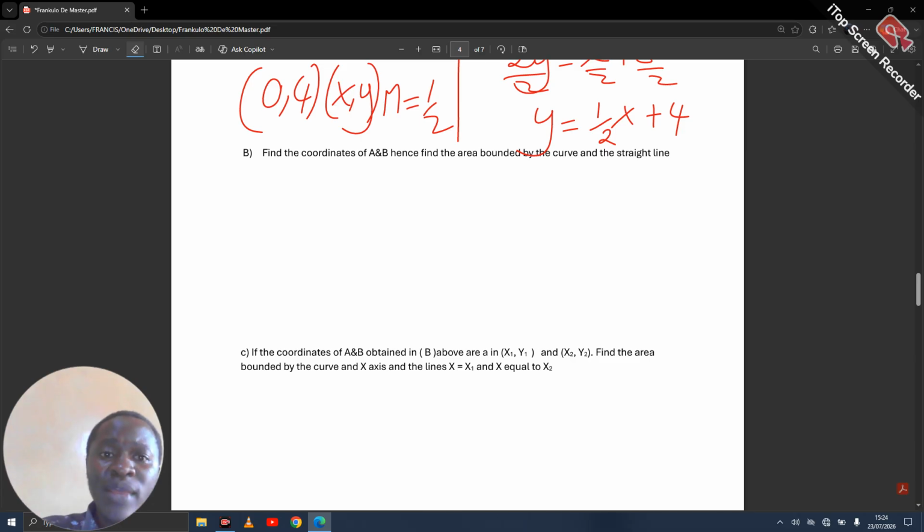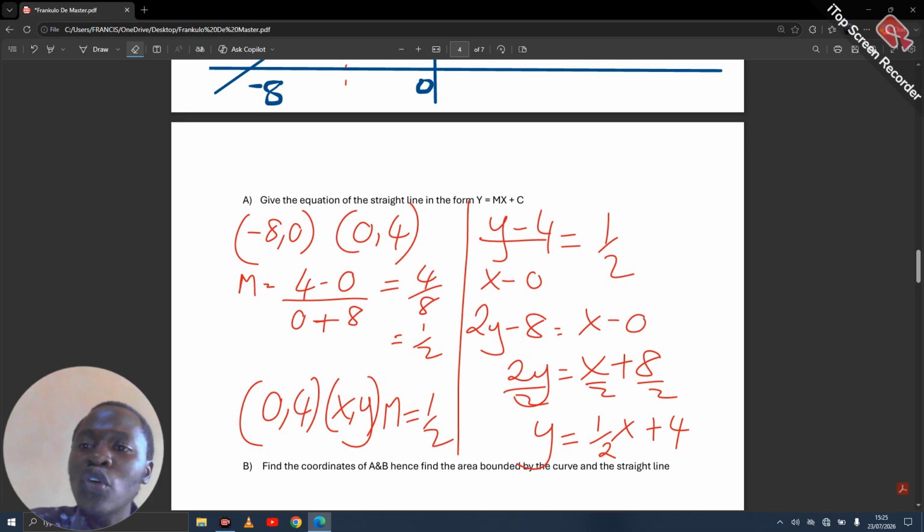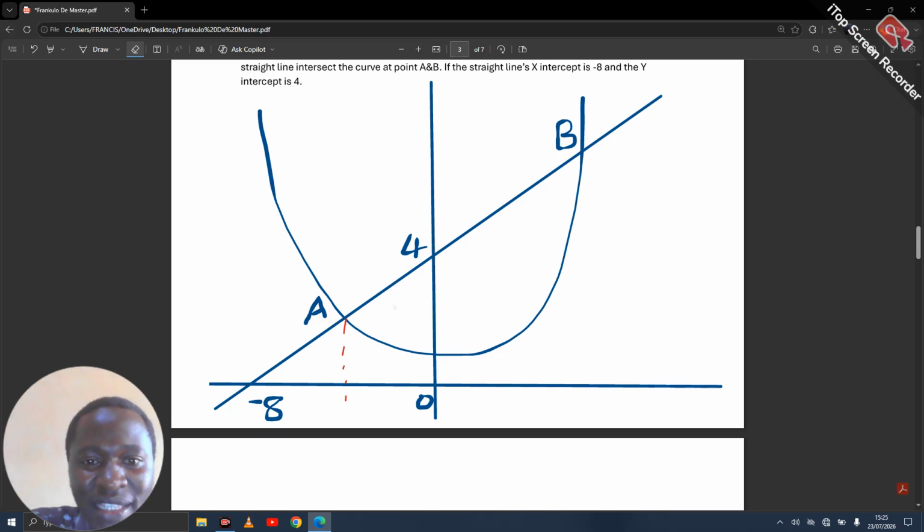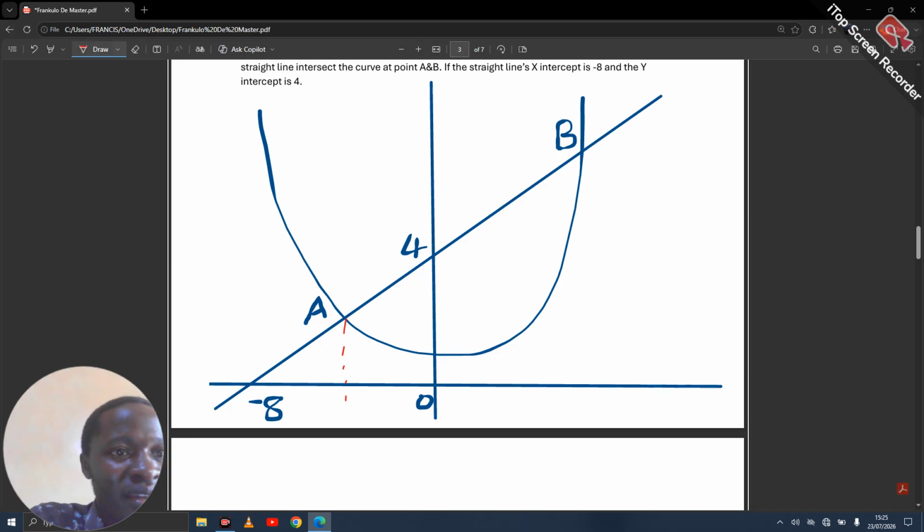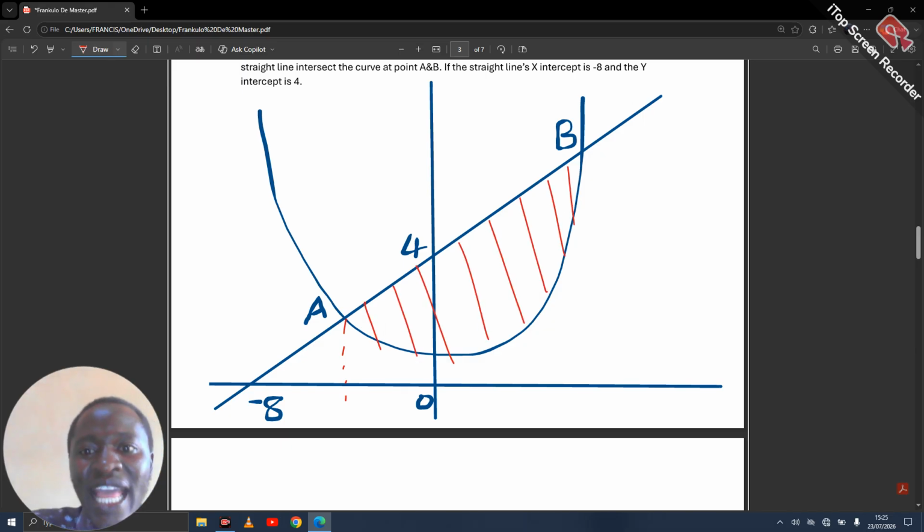Remember, the area bounded is the area in between the curve and the straight line, that portion, that part, this one. This is what you are required to get, the area of that.